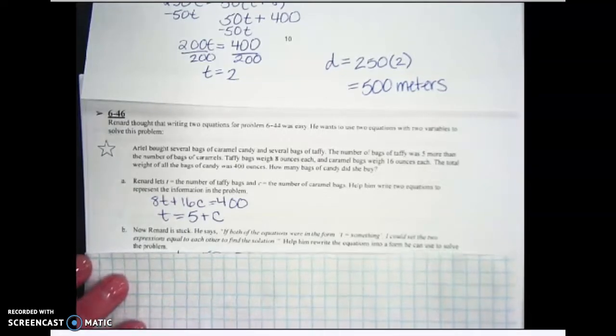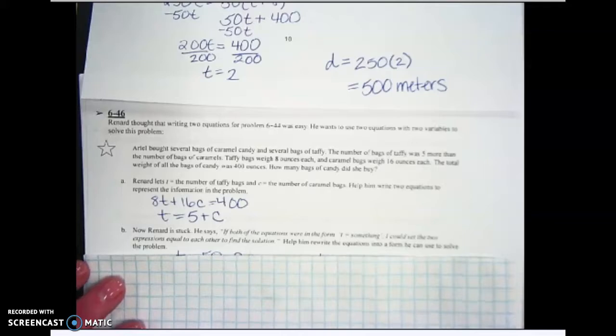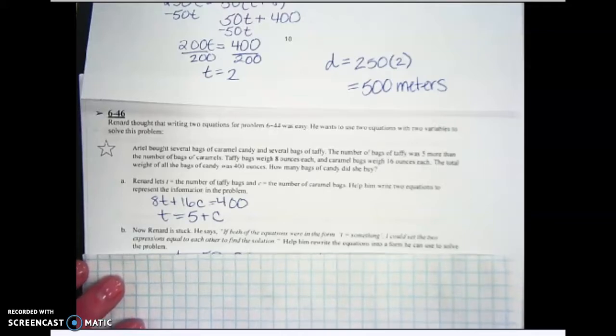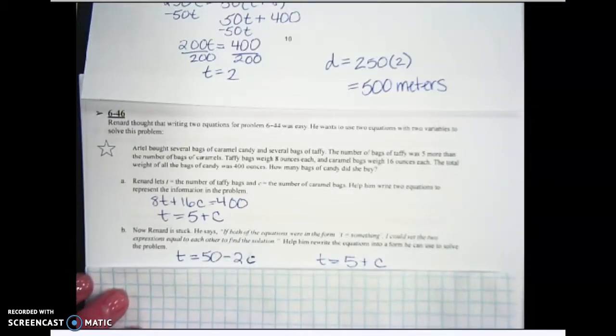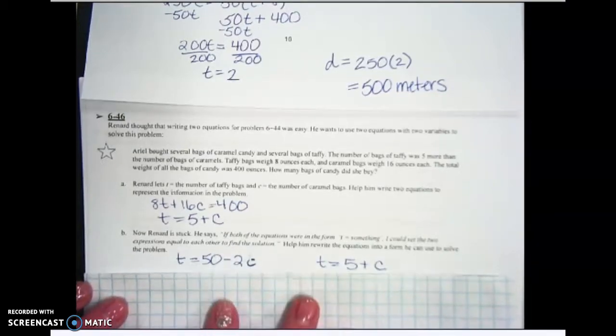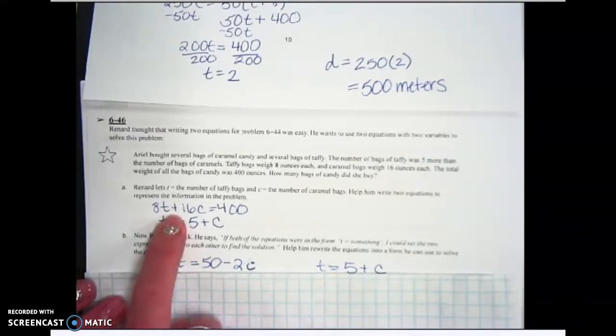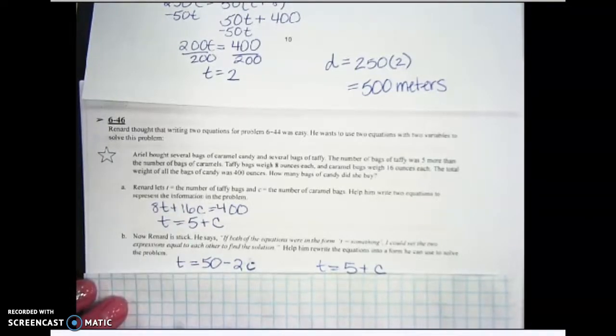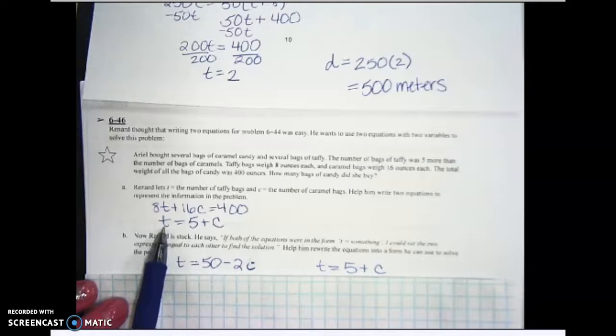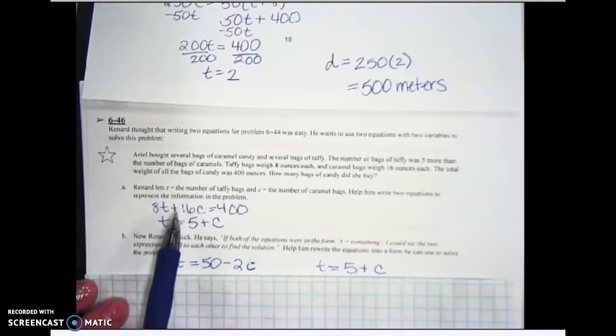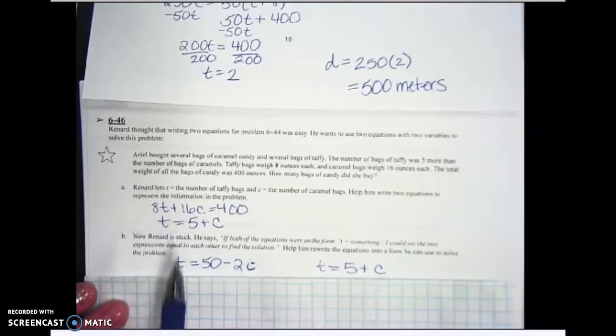Okay. He says, if both of the equations were in the form t equals something, I could set the 2 expressions equal to each other to find the solution. Help him write the equations into a form he can use to solve the problem. So we're going to take that first equation, well, the second equation already is equal to t, but that first equation, we're going to subtract 16c from both sides, and then we're going to divide everything by 8.